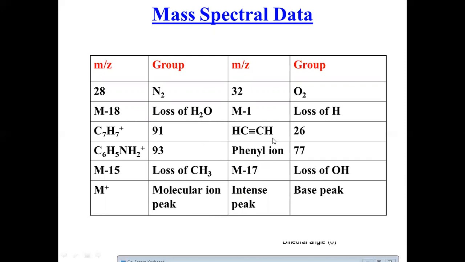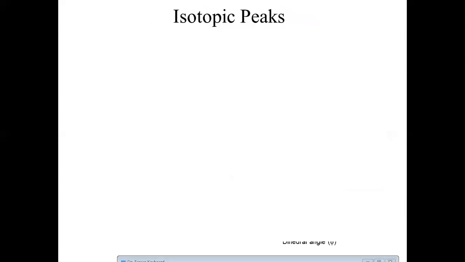Whenever your compound is aromatic, if a phenyl group is there, you will get a peak around 77, tropylium is 91, and anilinium, C6H5NH2 plus, is 93. Fine. So this is the simple data which is required to solve the problems.